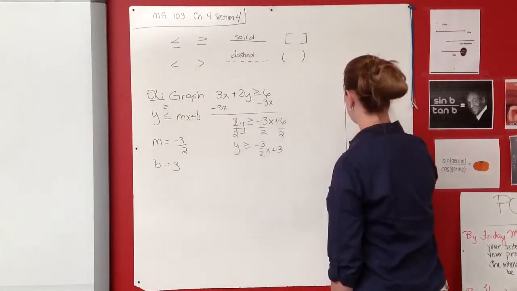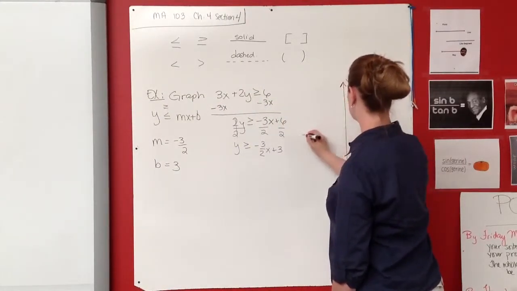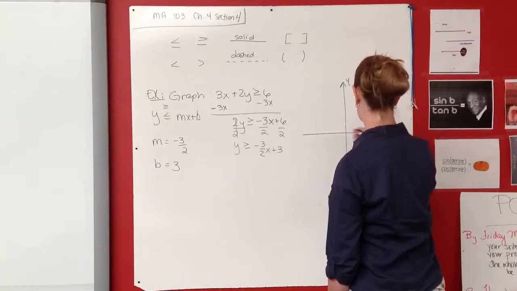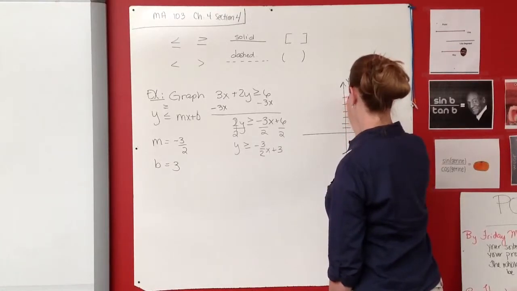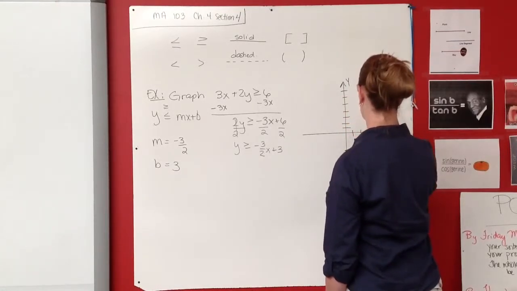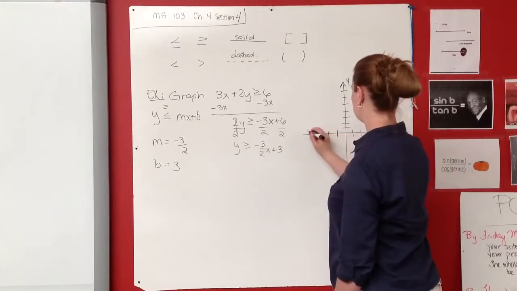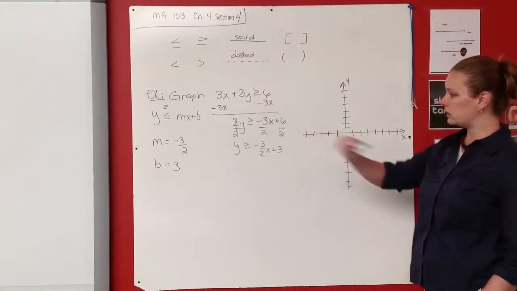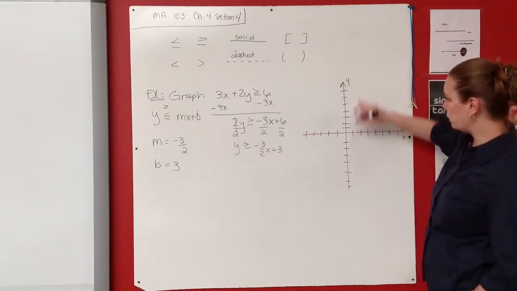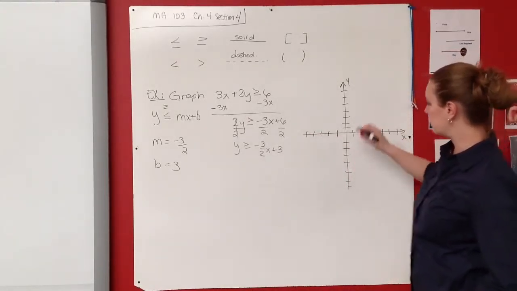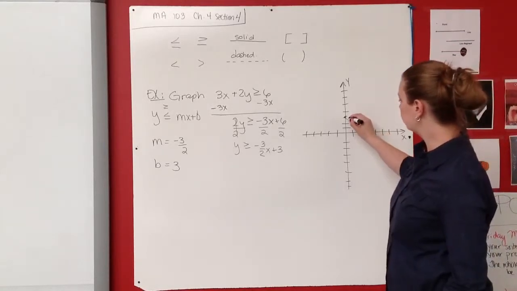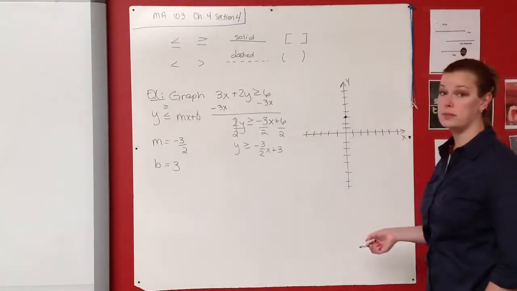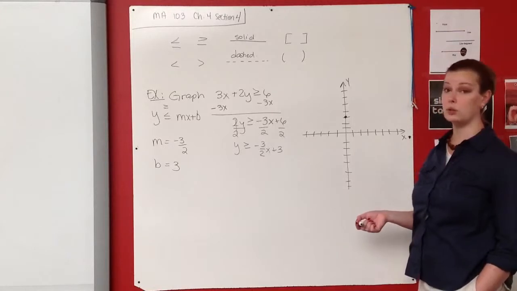So when we go to graph this, just like with a line, you always start with the y-intercept. So that's the point where the line crosses the y-axis. It is 3. From there, we use our slope to determine where the next point or points are going to be.